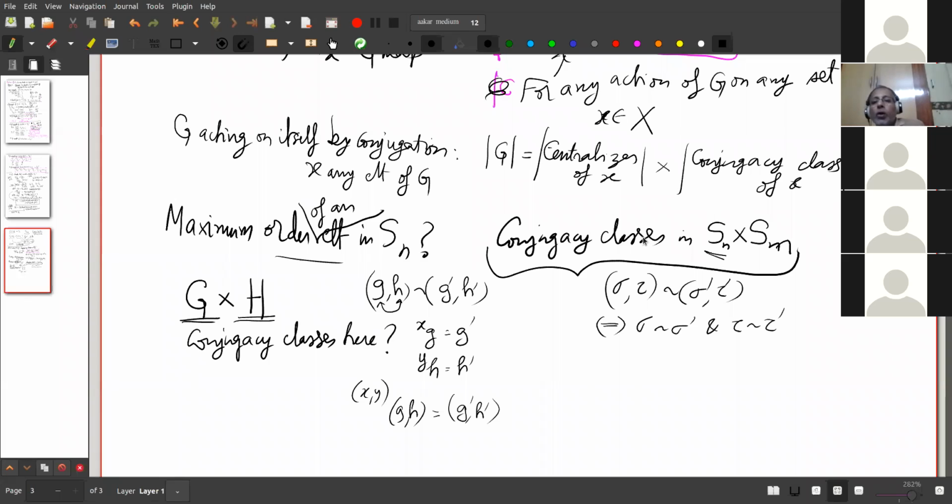So the centralizer Z of (g, h) is Z(g) cross Z(h). I take the centralizer of g, a subgroup of G, and Z(h), a subgroup of H, and their direct product is a subgroup of G cross H, and that is the centralizer of (g, h). That's fairly easy to understand, but that's a very good question.